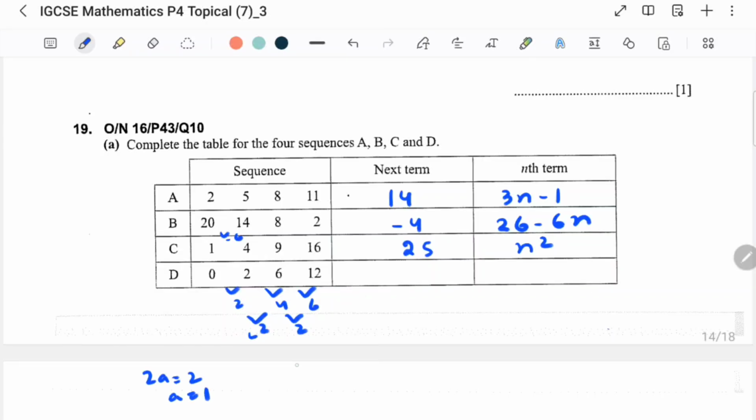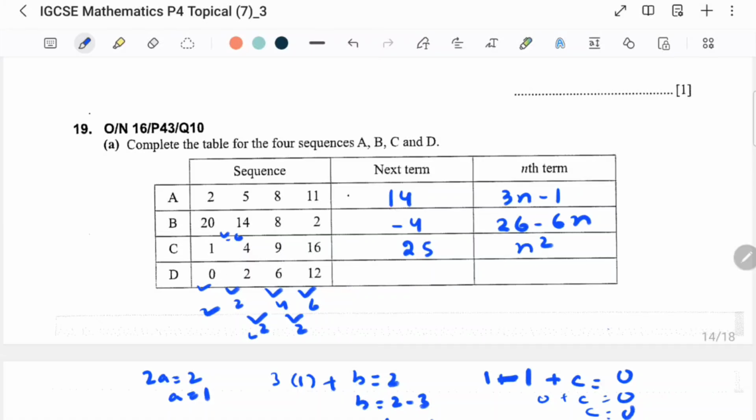And then you will have 3a plus b is equal to this 2. Okay, b is equal to 2 minus 3, then b is equal to minus 1, and a plus b plus c is equal to the first number, which is 0, then 1 minus 1 is 0, then c is also 0.